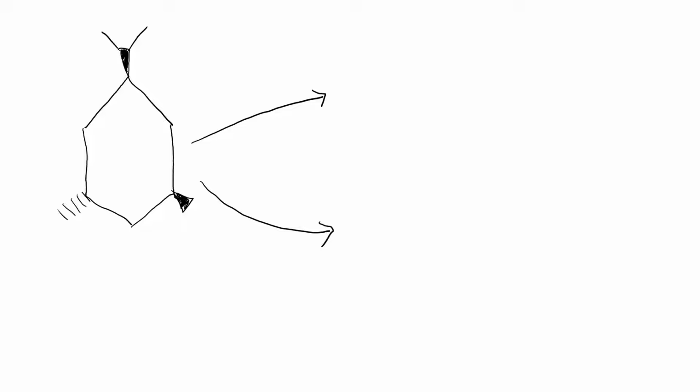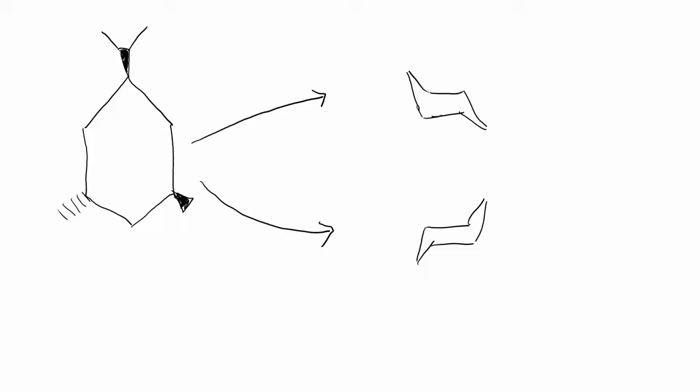conformer versions. And I'm going to draw those two chairs by first just drawing the empty chairs. Excuse my poor line work there. Okay, so here are our two chair versions.